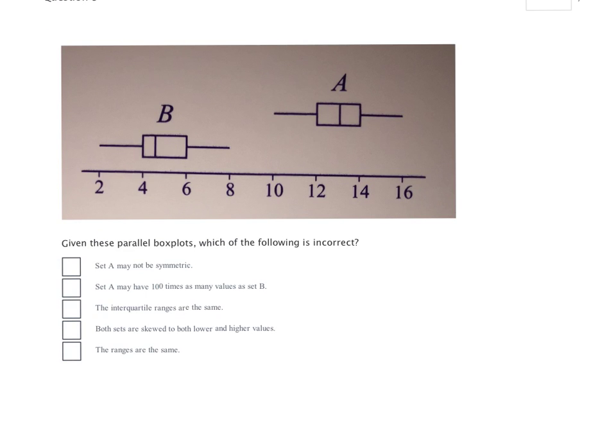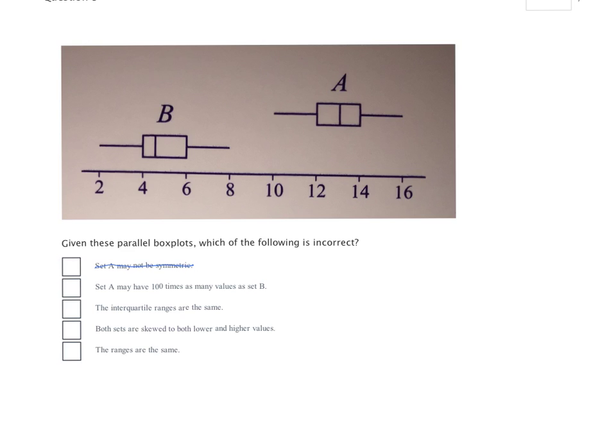All right, this one says, given these parallel box plots, which of the following is incorrect? Set A may not be symmetric. That's true. Even though it looks like it could be symmetric, the actual histogram might not be symmetric. So that's not true.